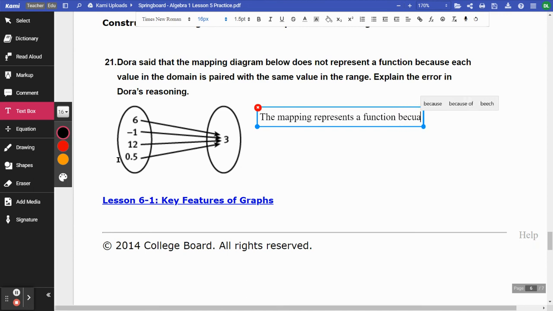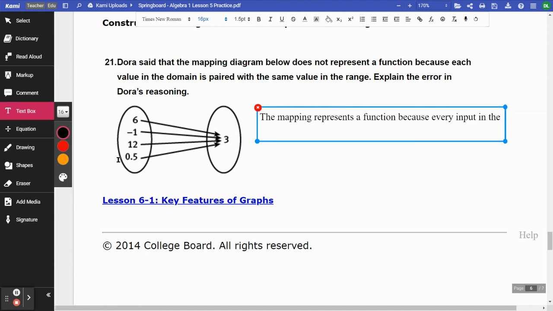because every input in the domain is paired with exactly one output in the range.